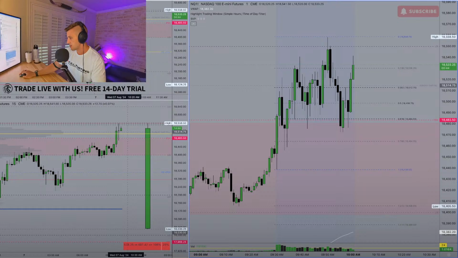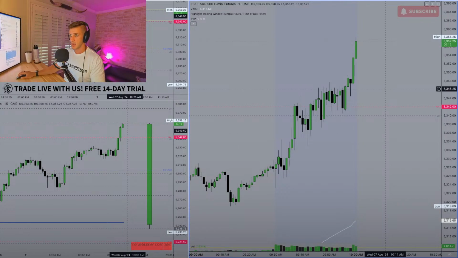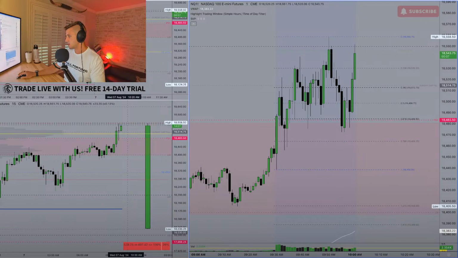Make sure you have a trail in profit. There's 10 a.m. How we doing? ES steady into the highs. Breakout play is underway. Let's see if NQ can make that fresh session high.